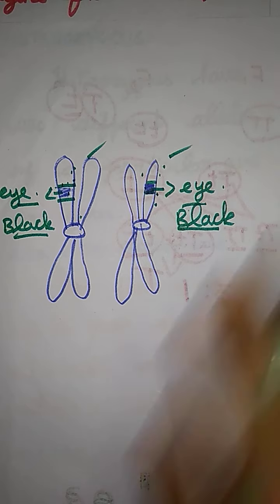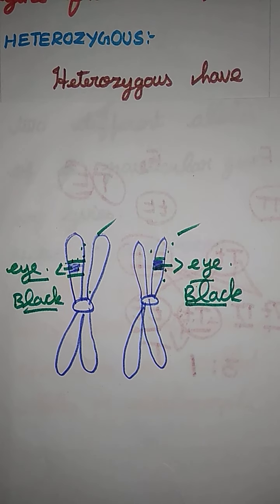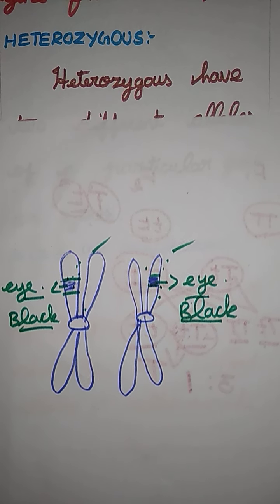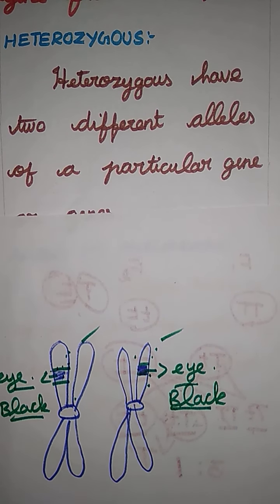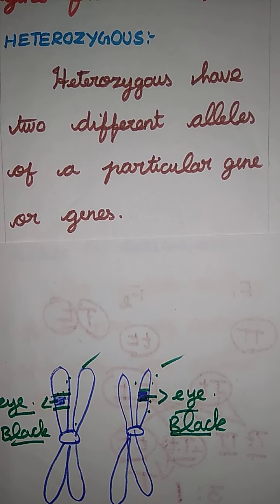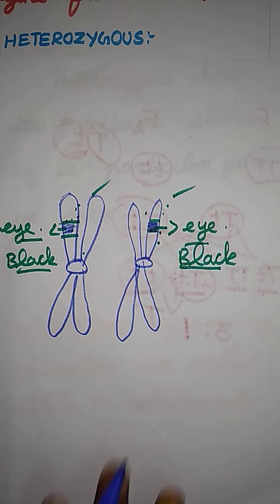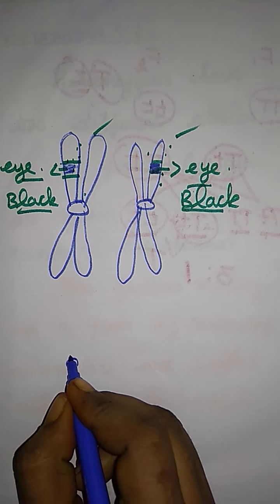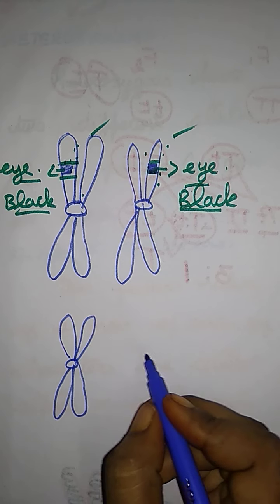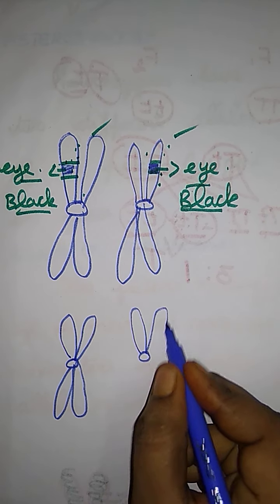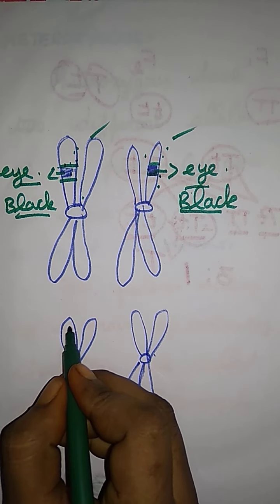The next one is heterozygous. Heterozygous has two different alleles of a particular gene or genes. For example, just see here. This is one parent, and take another parent's type of chromosome.